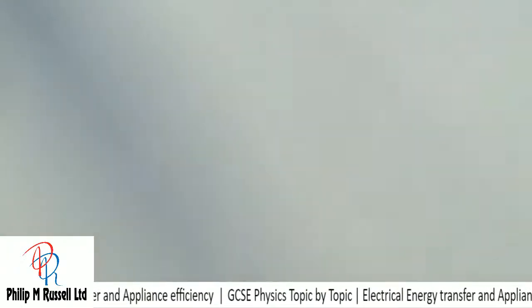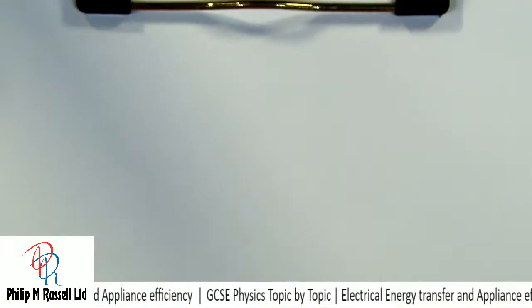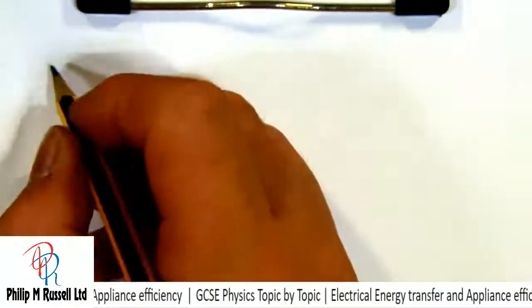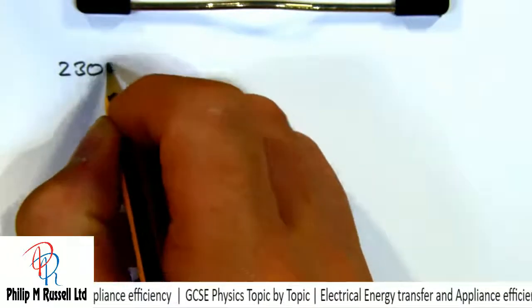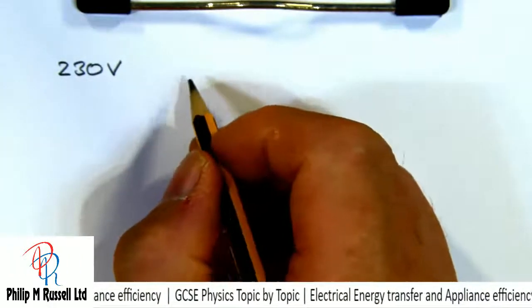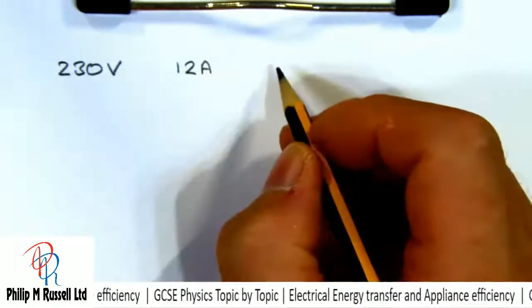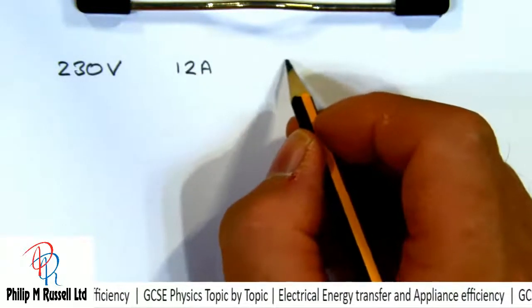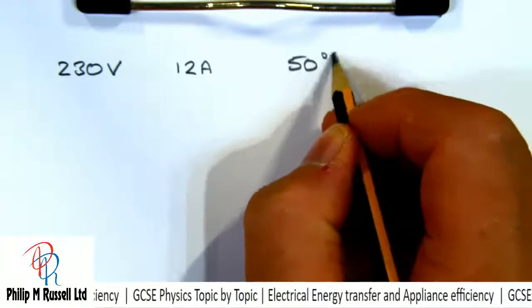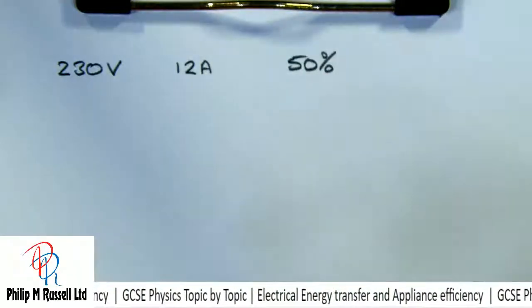Let's have a look at working out the efficiency of a device. Let's suppose we run something at our standard 230 volts, and I've got a 12 amp motor, and it's going to run at 50% efficiency.